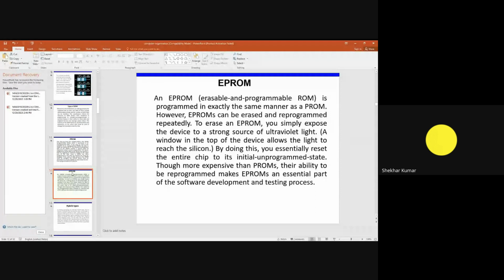EPROM requires UV light, but in case of EEPROM, it requires a high voltage electrical charge. After that, it can be reprogrammed so many times, thousands of times.